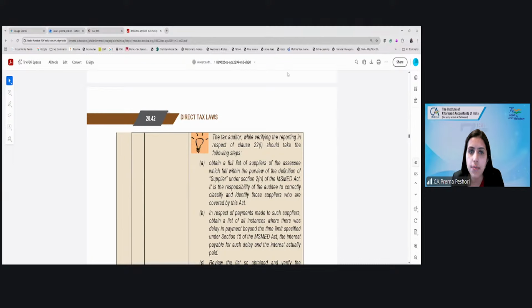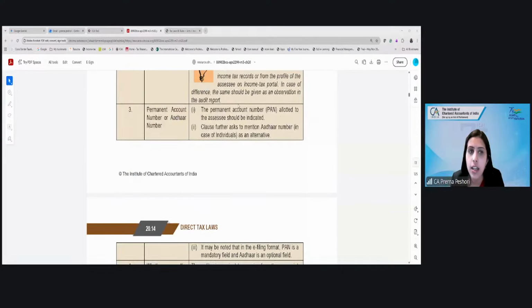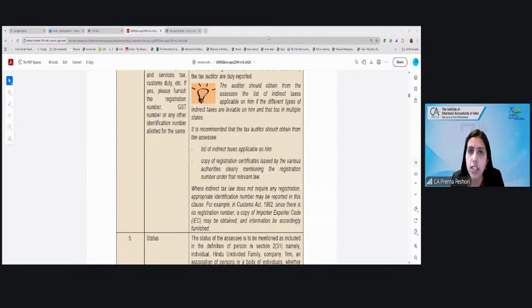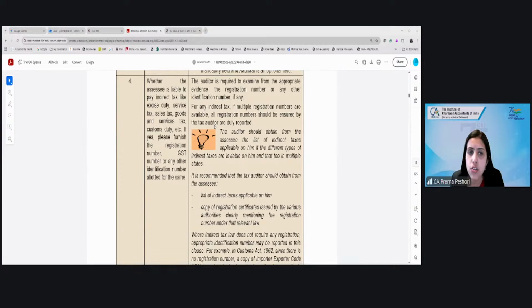Yes, faster. 1, 2, 3, 4 was a factual exercise. Factual information for the taxpayer, isn't it? Name, address, PAN, Aadhaar, GST registration number.